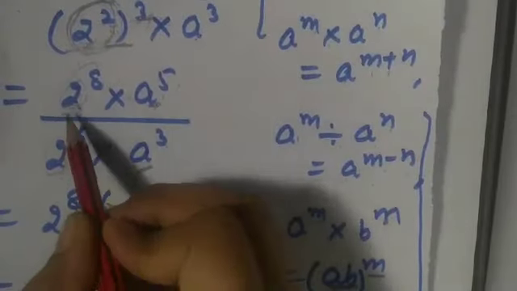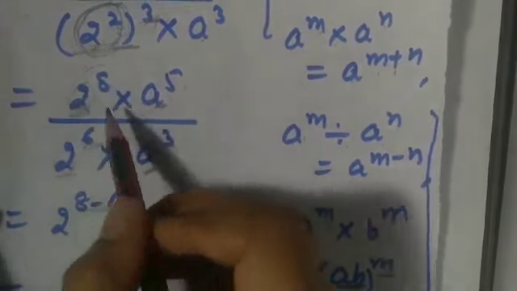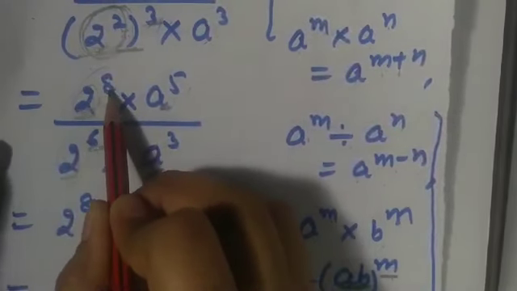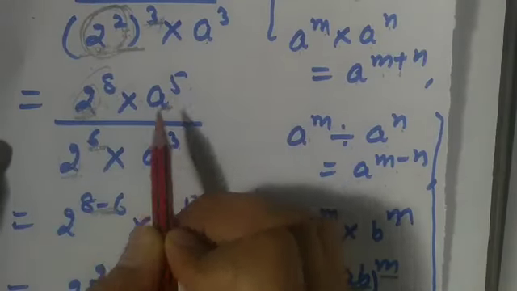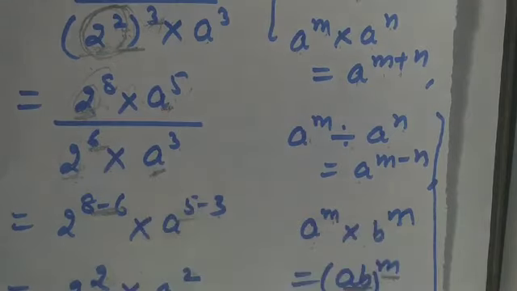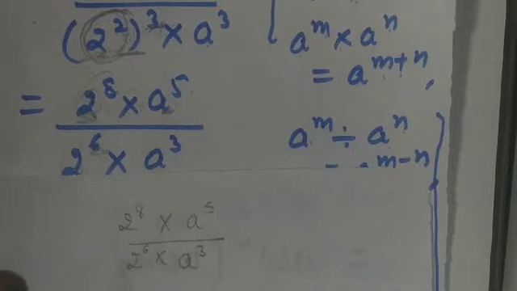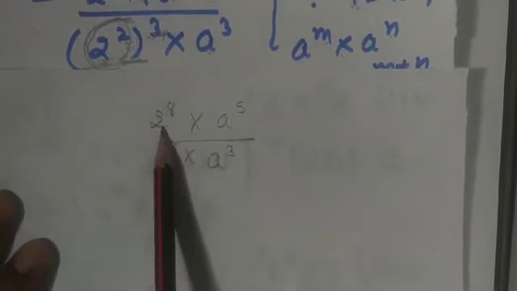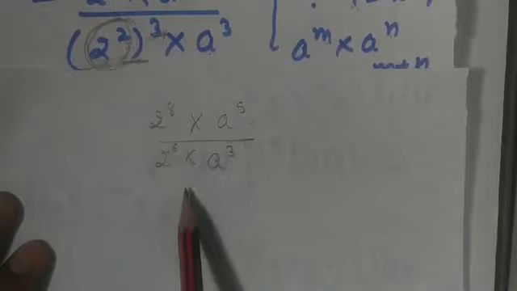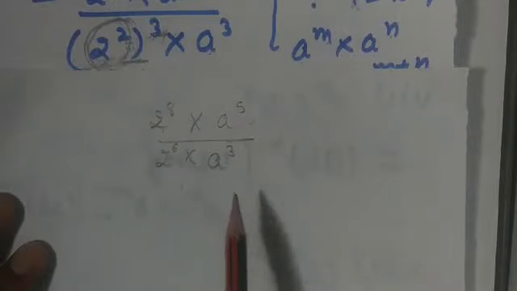One more thing, let us solve this without laws of exponent. Let us solve this. 2 raised to the power 8 into a raised to the power 5, divided by 2 raised to the power 6 into a raised to the power 3.